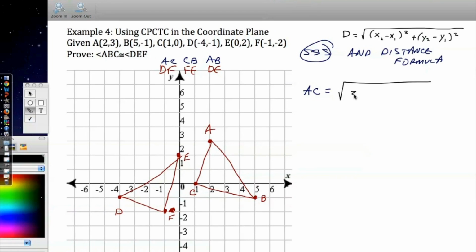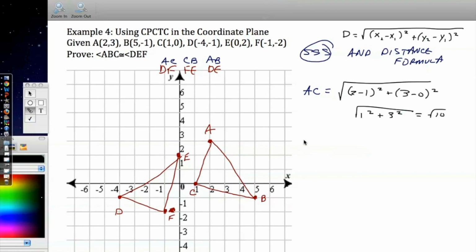So I'm going to go 2 minus 1 squared plus, and I did 2 minus 1, so I'm going to do 3 minus 0 squared. So that's going to be 1 squared plus 3 squared, square root, is equal to the square root of 10. It doesn't particularly matter that that is a square root. I'll just leave it like this.